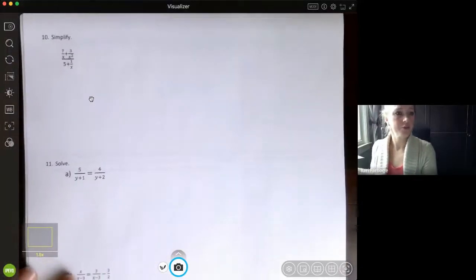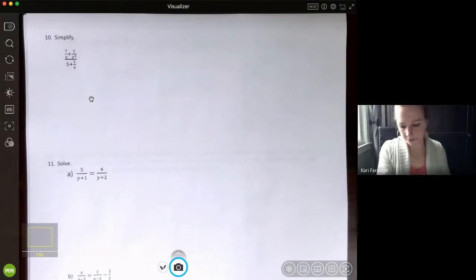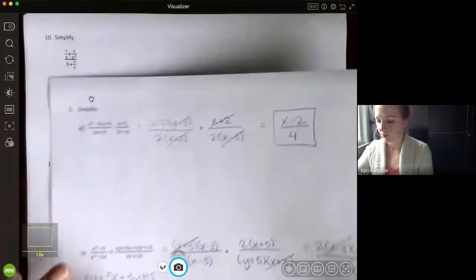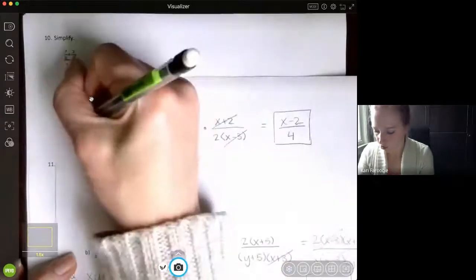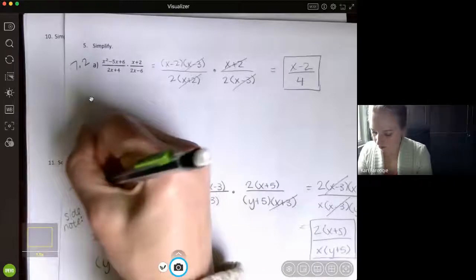And then for simplifying complex fractions, I gave you guys a bunch of examples of these in 7.7. Maybe I should be marking the section that these came from as we go through, if I can remember. Let me see. This was 7.2. I know that, number 5A. 5B was also 7.2.